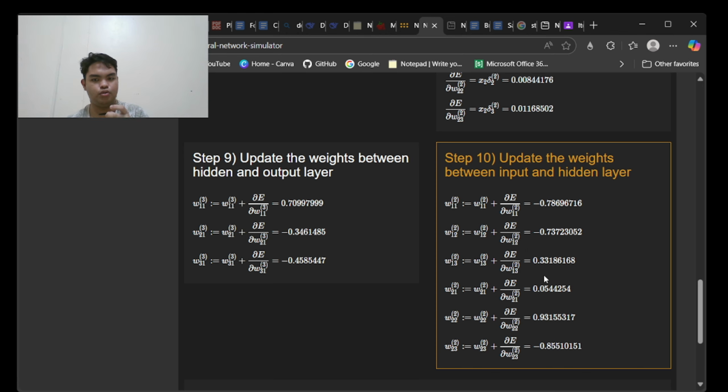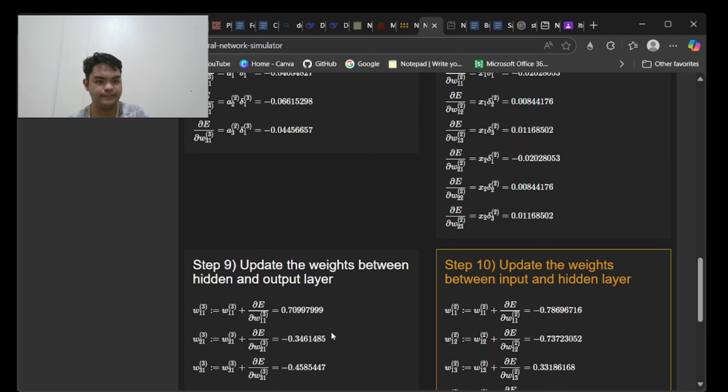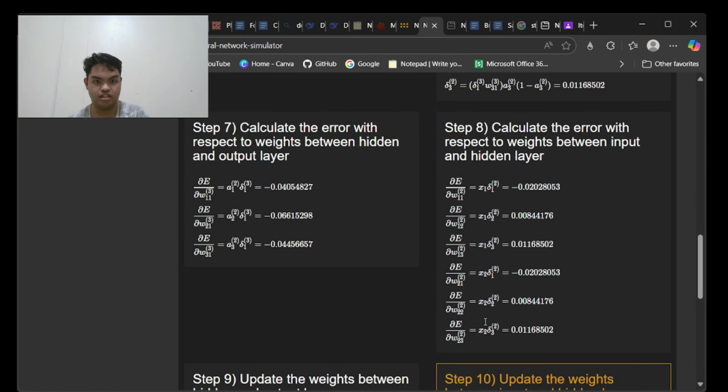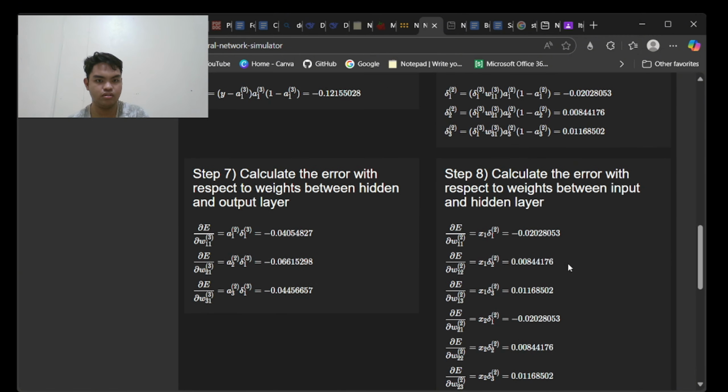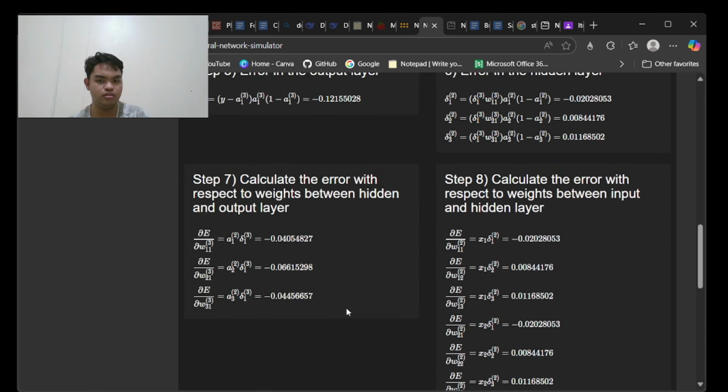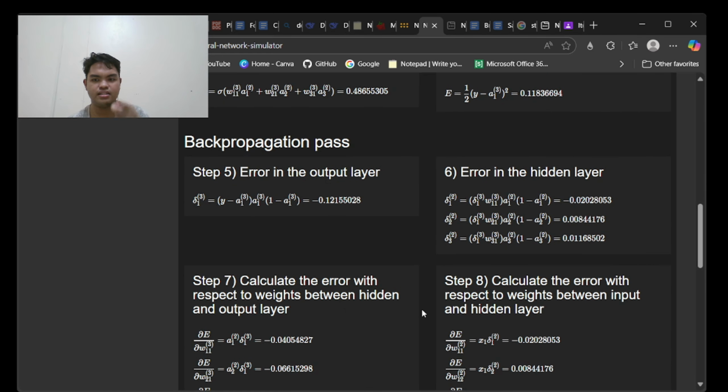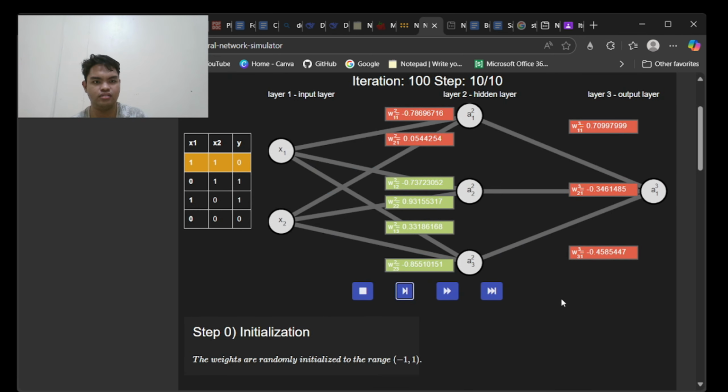Some weights are positive, like you can see here, which means if this input is high, get more excited. Then some are negative, as earlier, which means if this input is high, get less excited.